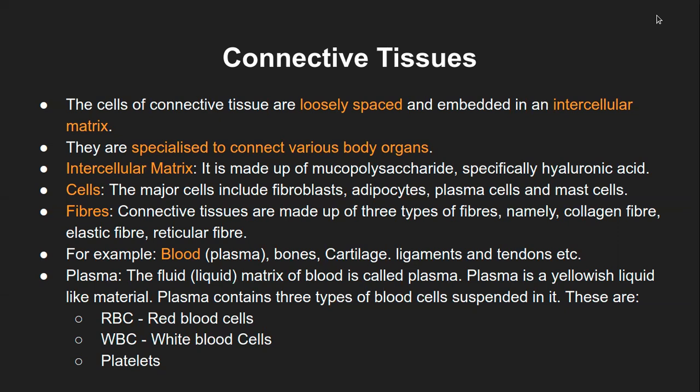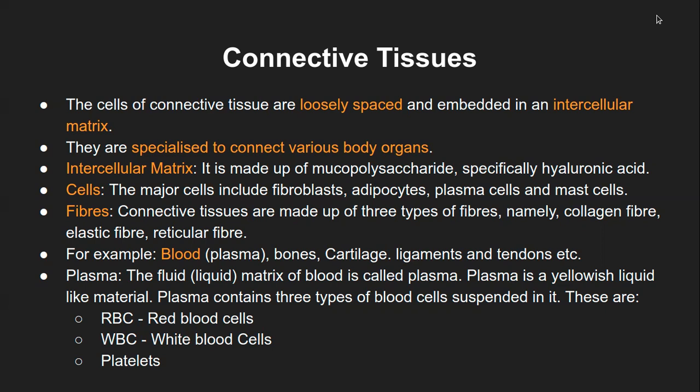Blood has plasma. Now plasma is considered a matrix where the cells are suspended, that is your WBC, RBCs also. So plasma acts as your matrix, which is a liquid matrix, and the cells act as your connective tissue cells. And this is a specific type known as fluid connective tissue.